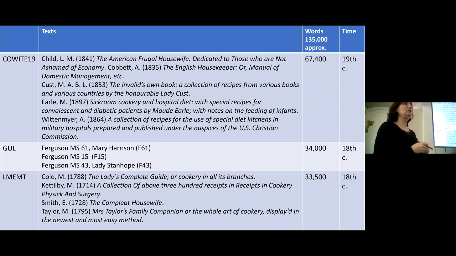And I've tried to balance the corpora. So this one was 33,500 words. So I made that one similar, and then 19th century, because these two are 18th century and 19th century stuff. So on the whole, it's about 135,000 words.